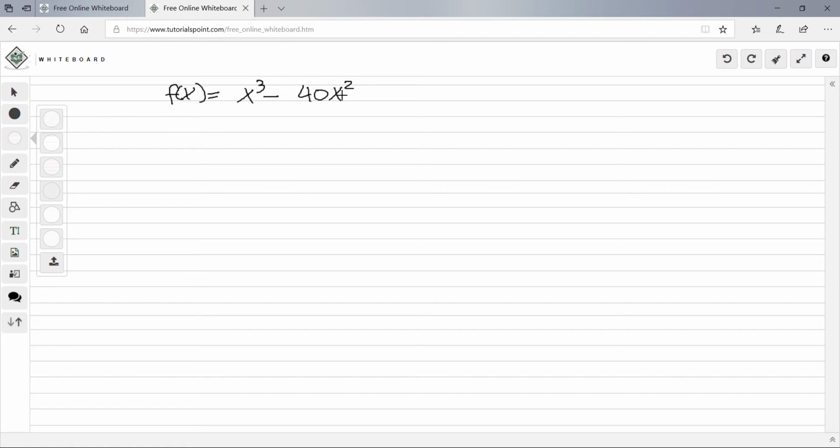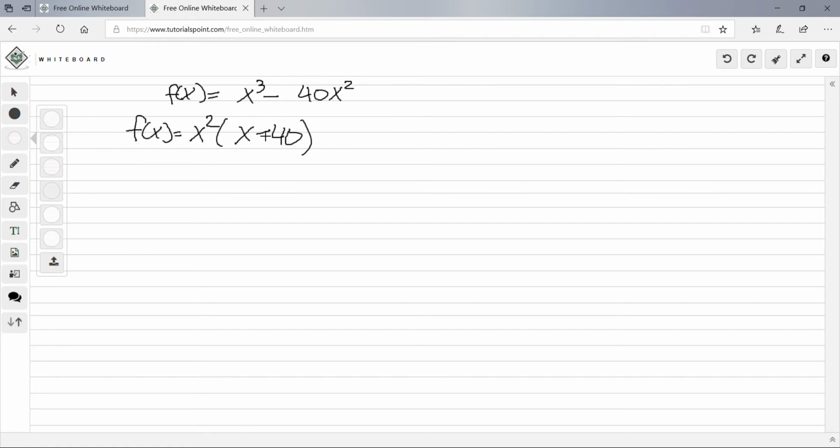So our factorable form is x squared times (x minus 40), right? We use the rational zero theorem, and then we use synthetic division to get these terms.